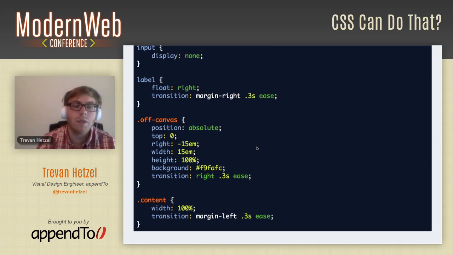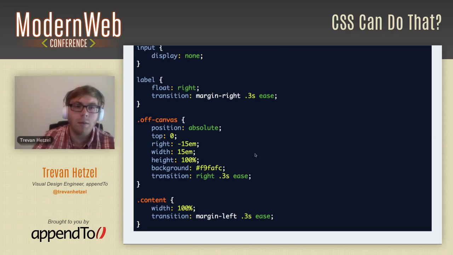Then we're setting the height at 100%, so it covers the whole height of the containing element. And then set a background, and then a transition. We're going to be transitioning the right value, because as we'll see in a minute, that right value is what's actually going to make it slide over.